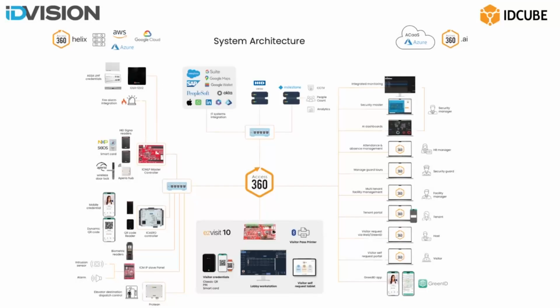You can have your digital credentials, CCTV, intercom, lift access control, all of the software systems on the top part. And then on the bottom part is our visitor management. So not only are you having access control on the same platform, you also have your visitor management. So not only are you taking control of your employees, but also your visitors on the same platform.